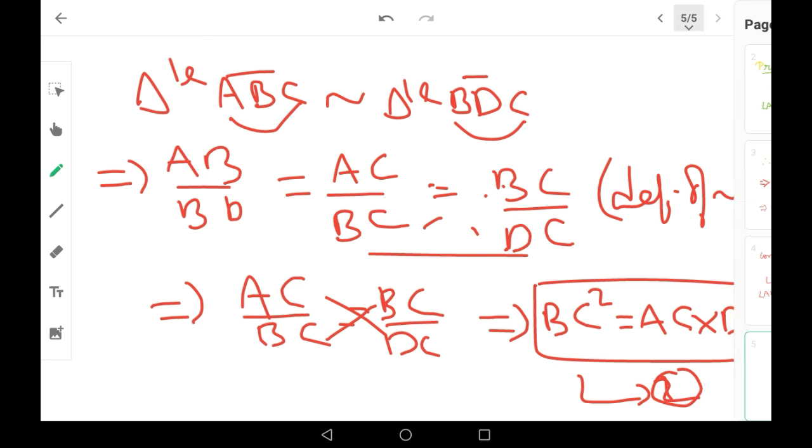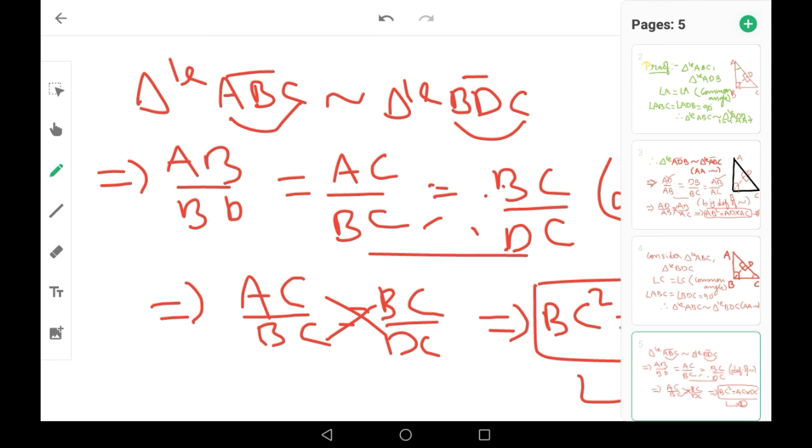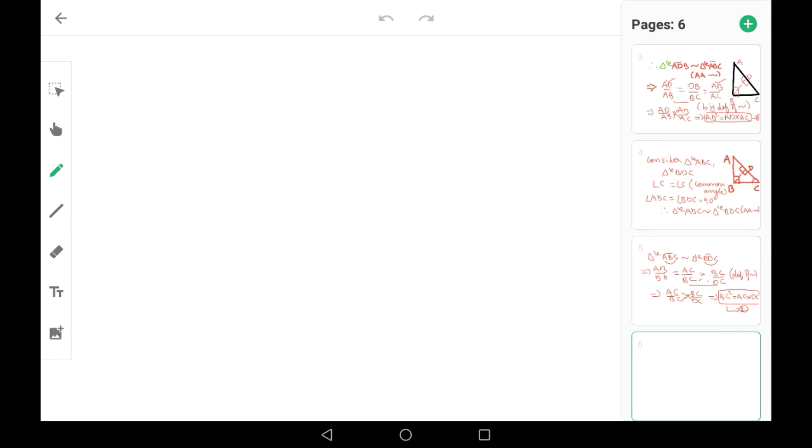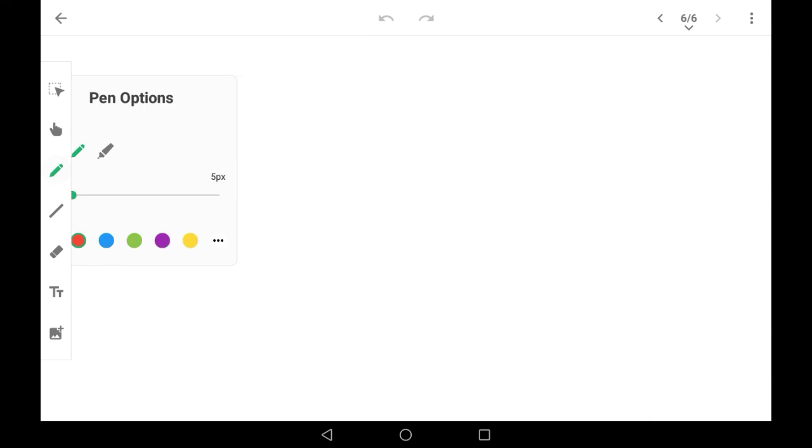Now what I am going to do is add these two equations. Add equation 1 and equation 2.